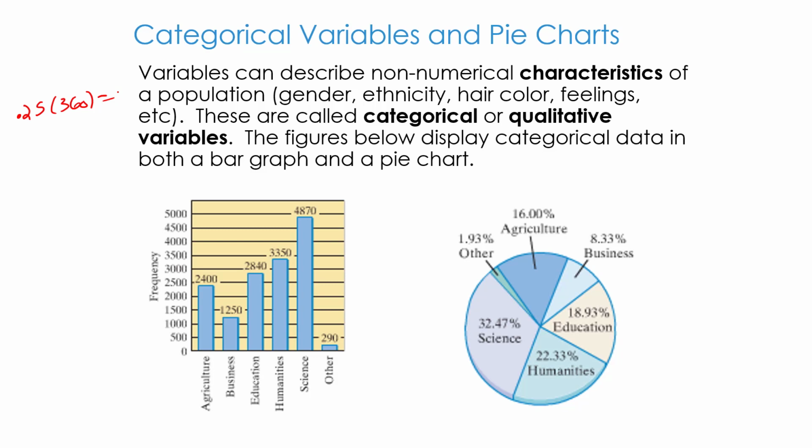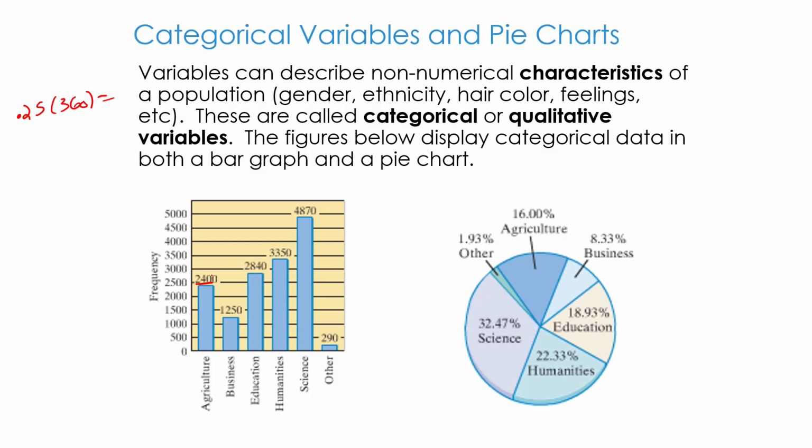And so a pie chart, if you look at the total, your total is the 2,400 plus the 1,250 plus the 2,840, 3,350, 4,870, and the 290.